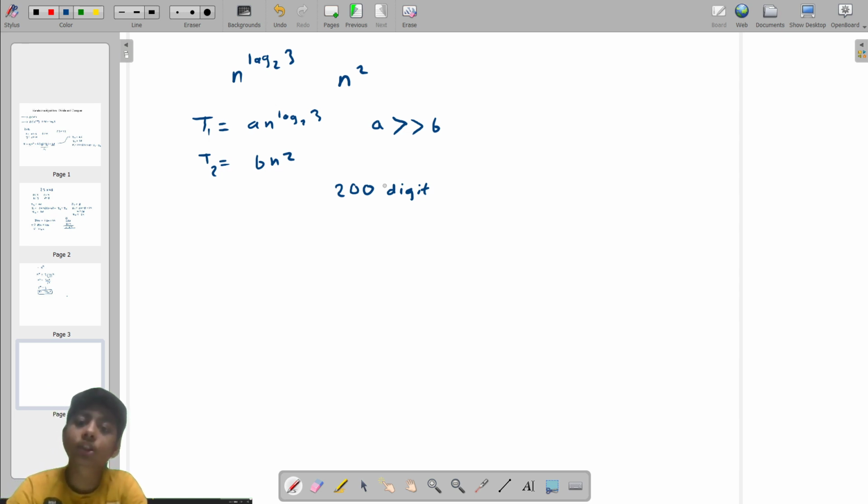It might sound shocking, but till then, because a is greater than b, it is slower, but at some point Karatsuba must get faster due to its lower exponent, because there is n square and here the exponent is 1.58. So yes, it happens at nearly 200 digits that Karatsuba gets faster.